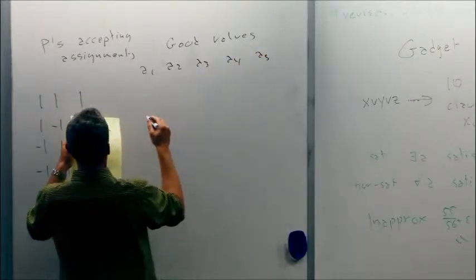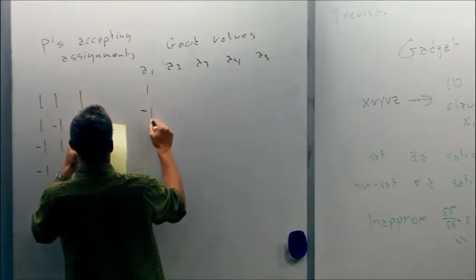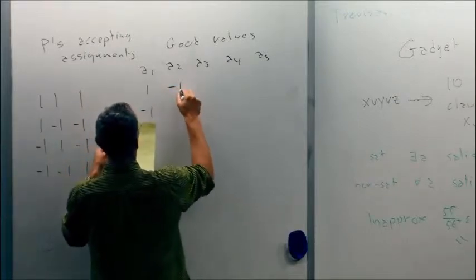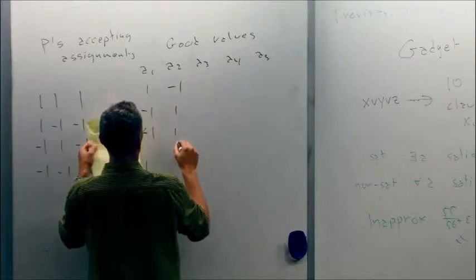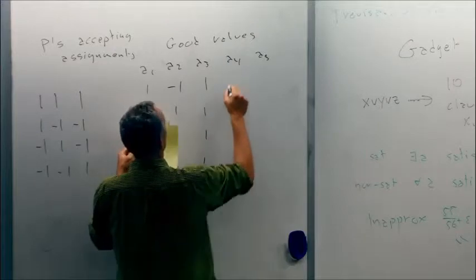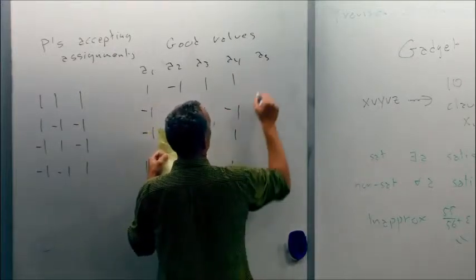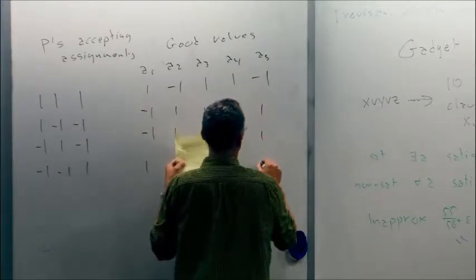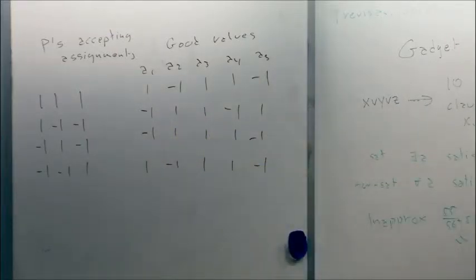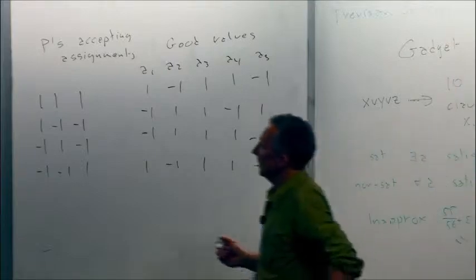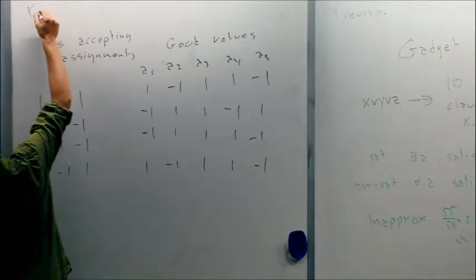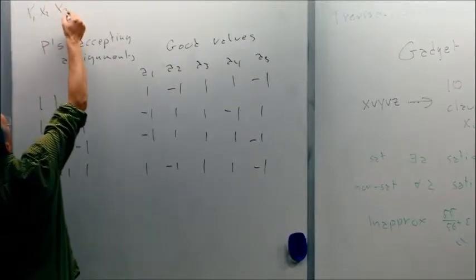Suppose we had something that looked like this. Right, so we've started with an equation, x1 times x2 times x3 equal to 1.